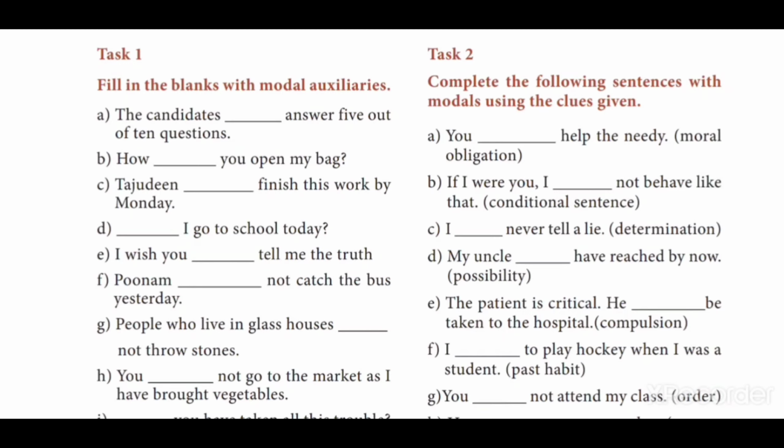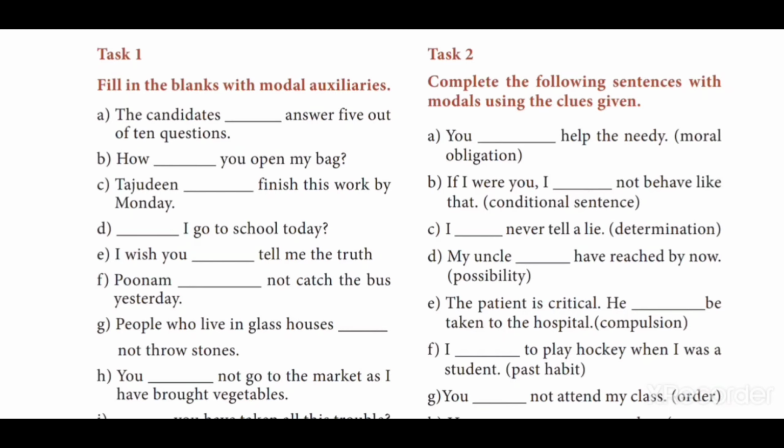Within the brackets you find the clue conditional sentence. And for this the answer is would. That is, if I were you, I would not behave like that. Coming to C, I dash never tell a lie. Within brackets the clue is determination. And so the answer is will or even would.